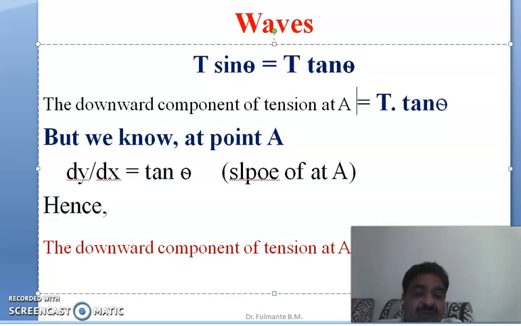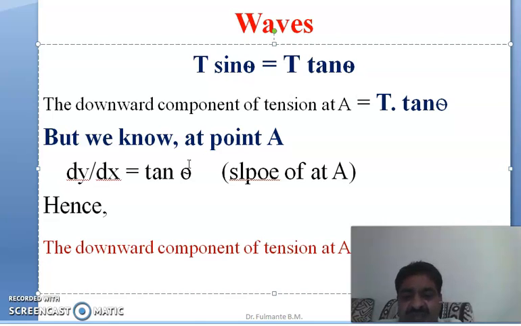Let this be equation number 1. What is dy by dx? The slope at A. Theta is the angle made by the tangent at A with the x-axis.